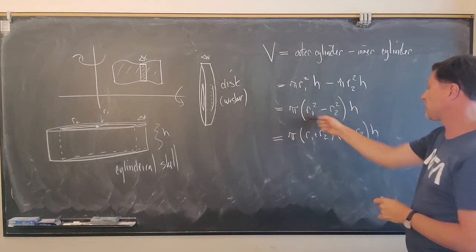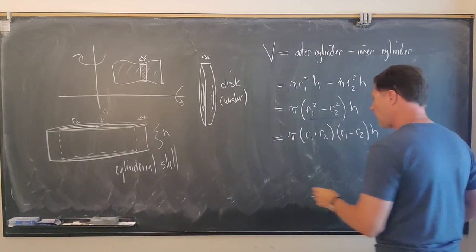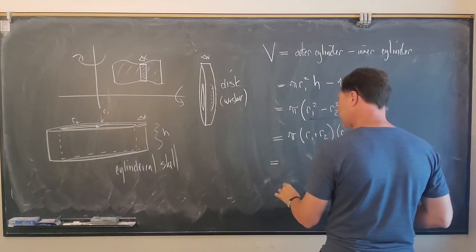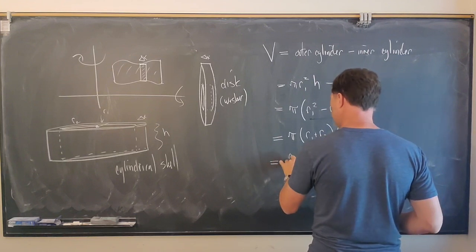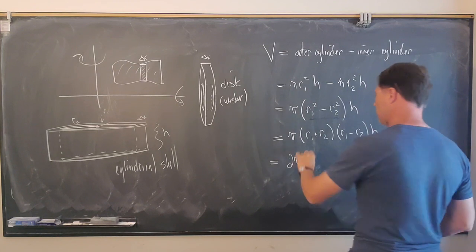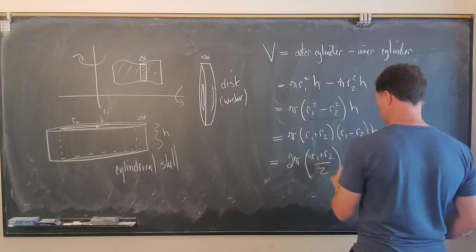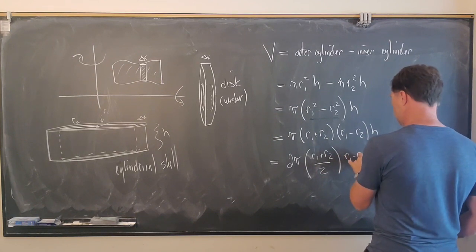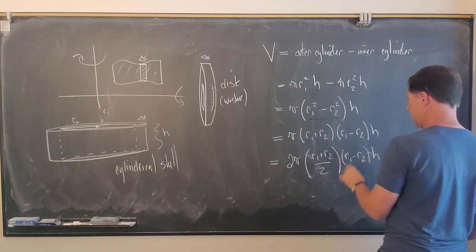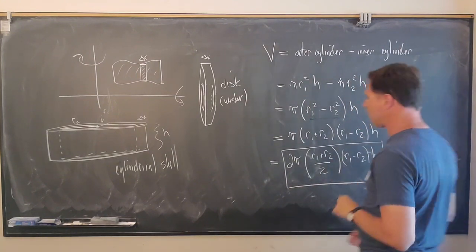This is just the difference of two squares here, so I can factor it this way. And then I'd like to do one thing that's not going to be completely obvious. I'd like to multiply and divide by 2. So what we're going to get is 2 pi times (R1 plus R2)/2 times (R1 minus R2) times h. Right? So keep that formula right there in mind.